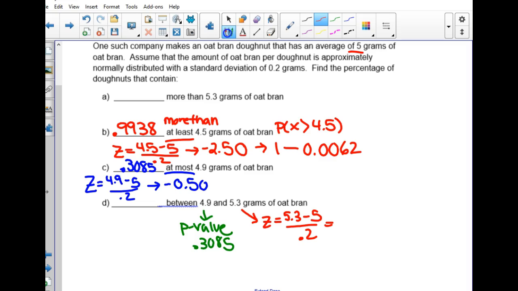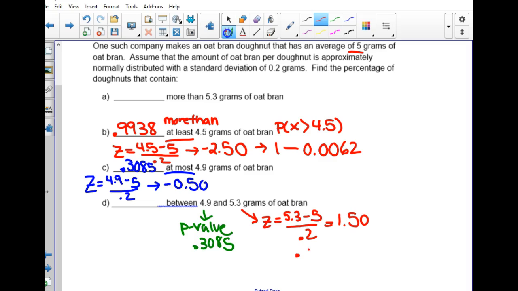Very good, 1.5. I'm going to put a 0 there, 1.50. We go to our chart at 1.50, and what p-value do we get? 0.9332. If you're still struggling with the chart, stay after for 2 minutes and I'll help you.